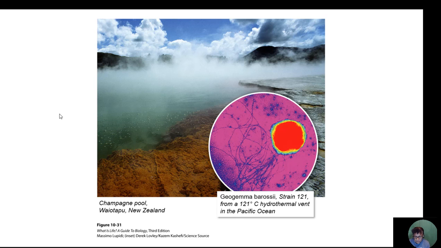And here we have an image of Geogemma barrosi, and it can live at 121 degrees centigrade inside a hydrothermal vent in the Pacific Ocean. And remember, in centigrade, water boils at 100 degrees, just to give you an idea of how hot that is. And that's the environment that this organism likes to live in. That is part of the archaea, our extremophiles.